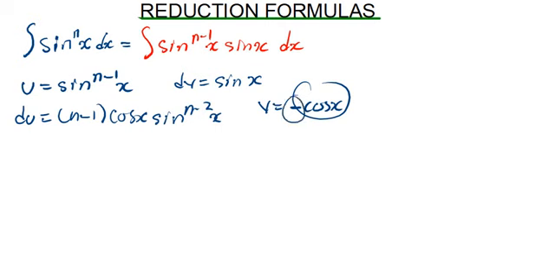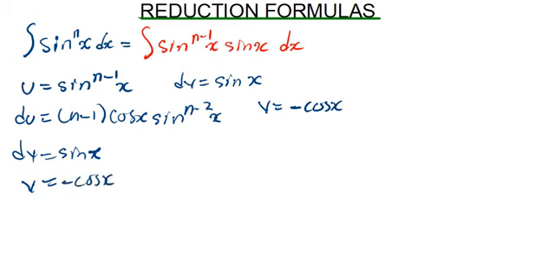Remember that when you integrate sine x, you get a negative sign, so that is really one of the points we have to pay attention to. We've said our dv is equal to sine x, meaning our v is equal to minus cos x.